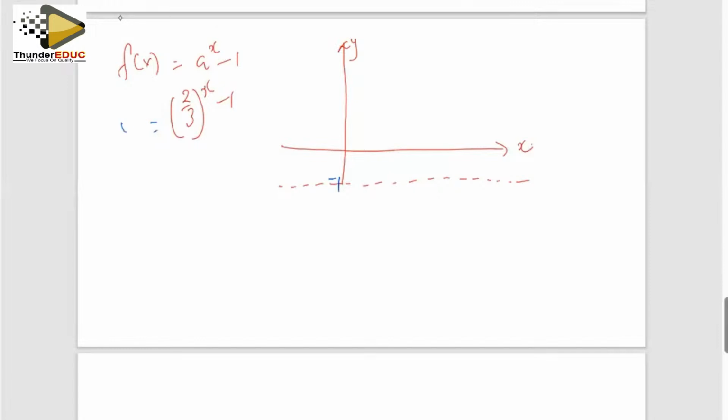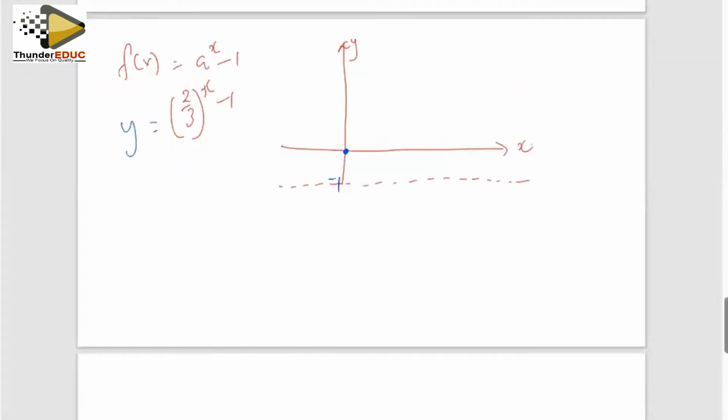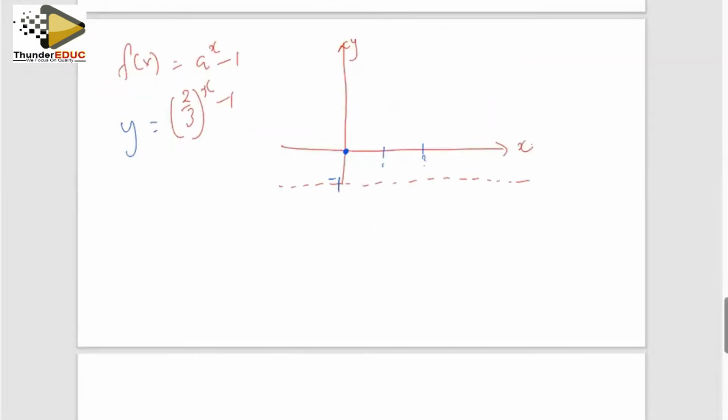Then if x is 0, this whole thing will disappear to be 0. We have that. Then they told us that if x is 2, y is that, which means it's a negative value. So that's a 1, that's a 2, which would be, what is now 5 over 9? 5 by 9 is going to give me 0.55555, which is more or less somewhere there. It's okay.